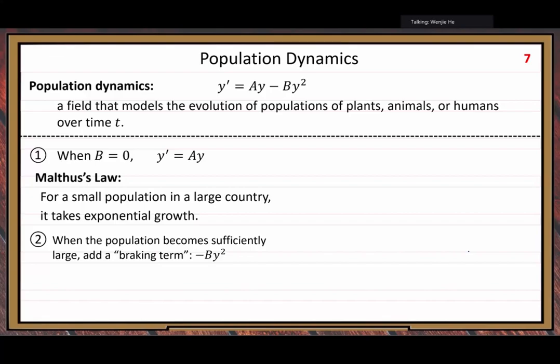The positive term grows as a linear function, while the negative term grows as a square function, much, much faster. So the braking gets harder and harder. This larger braking term is used to greatly reduce the population.